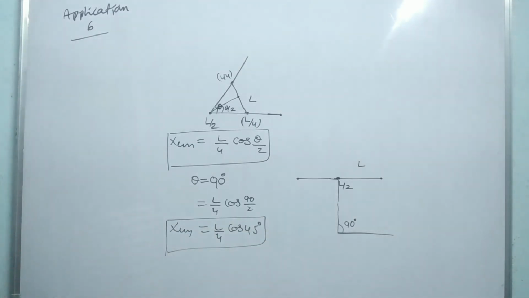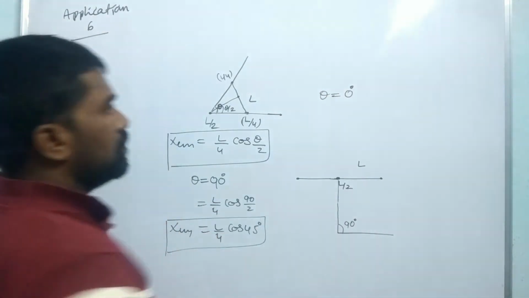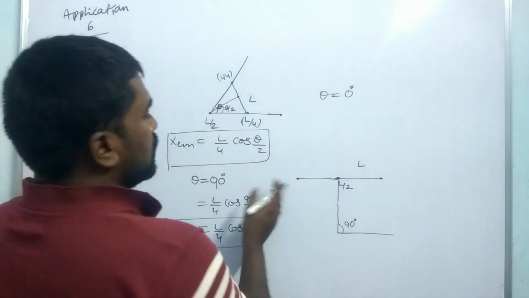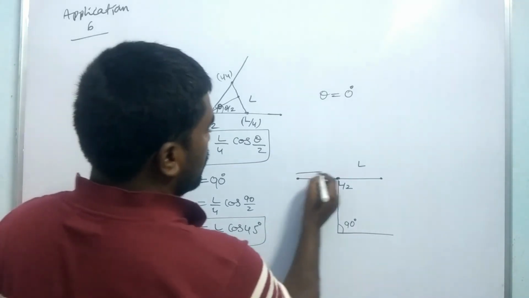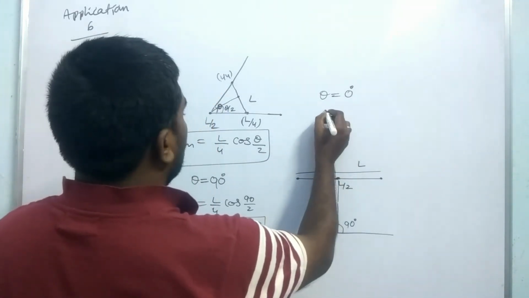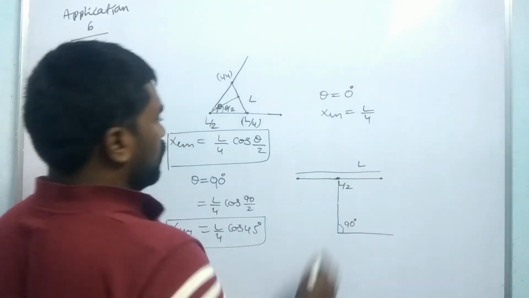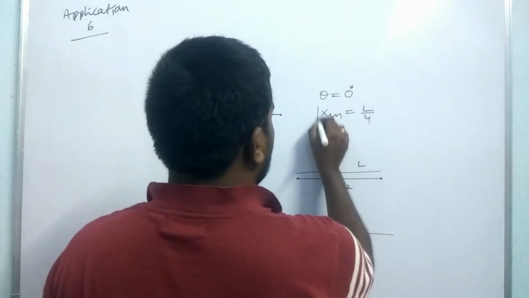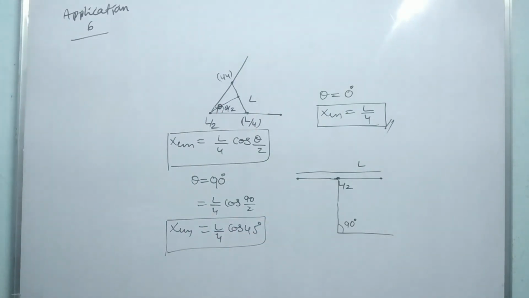If theta is equal to 0, what will happen? Theta equal to 0 means it is parallel, the same as before. So xcm is L by 4 cos 0 by 2, and cos 0 is equal to 1, so the center of mass is at L by 4.